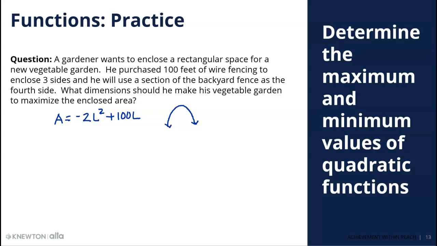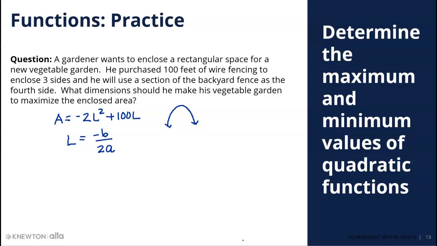So to get the dimensions that would maximize the enclosed area, we're just going to solve for the x-coordinate of the vertex. We're going to solve for h. So h in this case is just L, since the variable is L, and the formula is negative b over 2a.